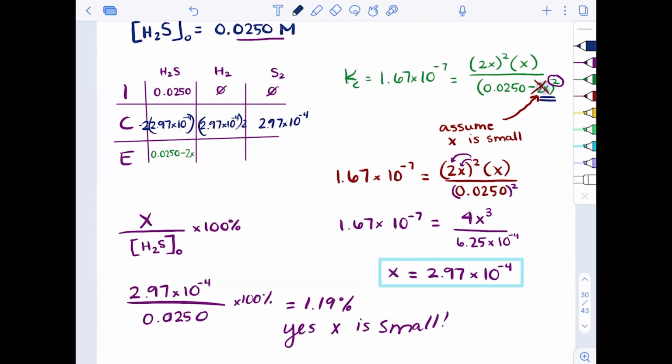So we know the concentration of S2 is 2.97 times 10 to the negative 4 molar. 2 times that value would be 5.94 times 10 to the negative 4 molar. And the concentration now of H2S, 0.0244 molar. Awesome.